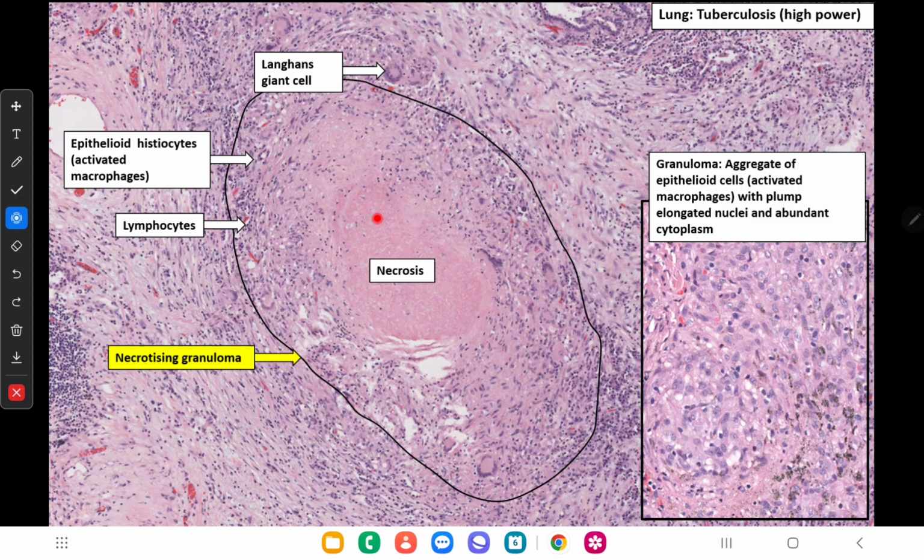You have to remember those specific microscopic features of tuberculous granuloma. Here you can see in these Langerhans giant cells there are horseshoe-shaped nuclei.